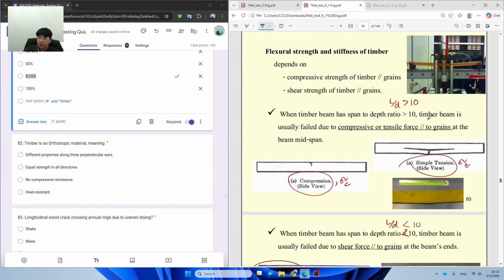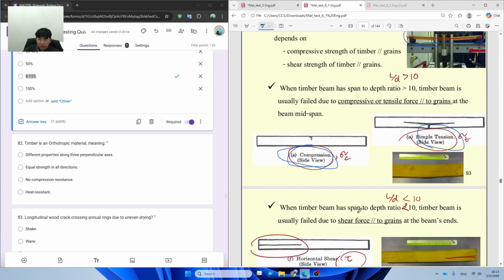You can see that we have long span timbers and short span timbers. These two spans are going to provide different failure mechanisms. For example, the long span is going to provide either compression failure or tension failure at the bottom.